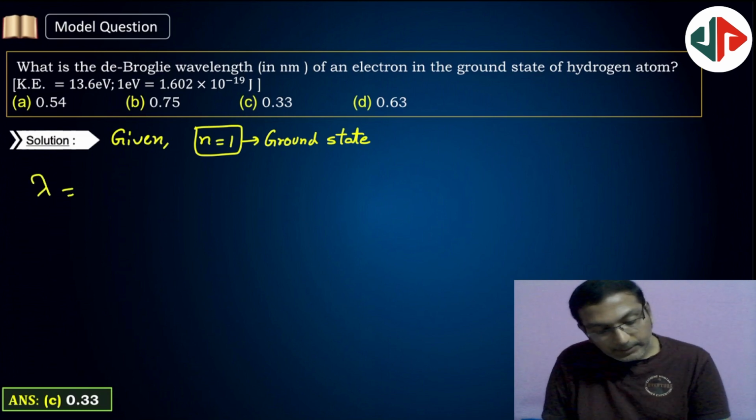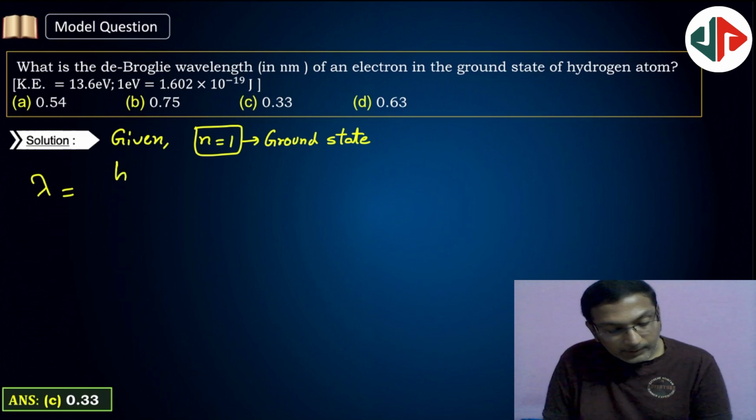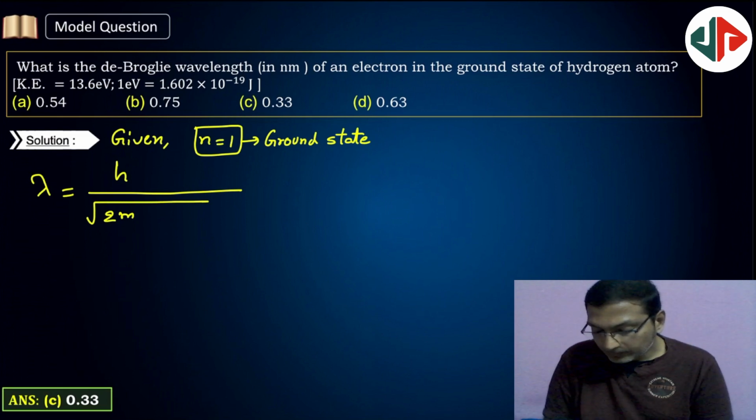So use de Broglie's relation, h by root 2m into kinetic energy.